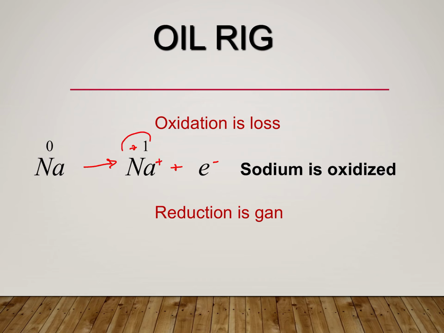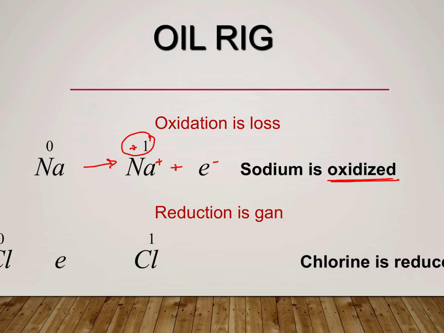A lot of people will see this +1 and they'll forget that electrons are negative and they'll say it gained an electron because it made a +1, so it's been reduced. No, electrons are negative, so if it became positive, that means the protons are outweighing the electrons. It lost an electron. So if it became positive, it lost an electron, therefore it has been oxidized.